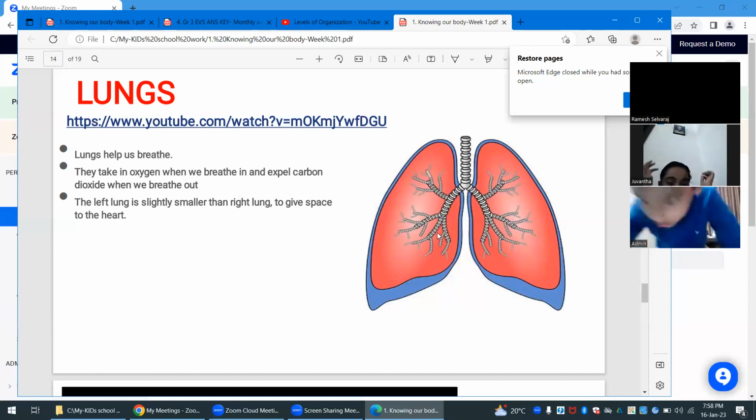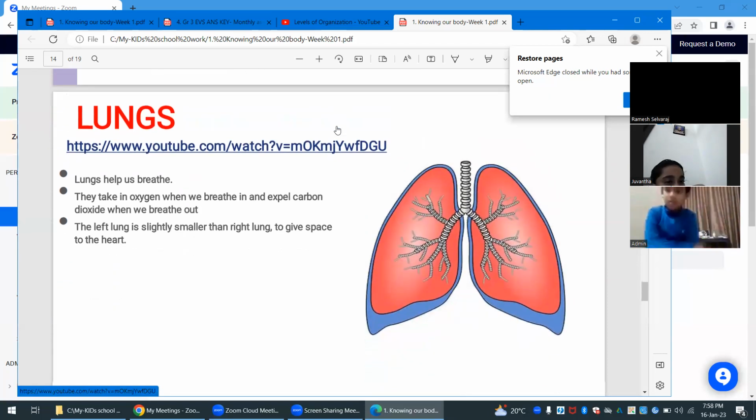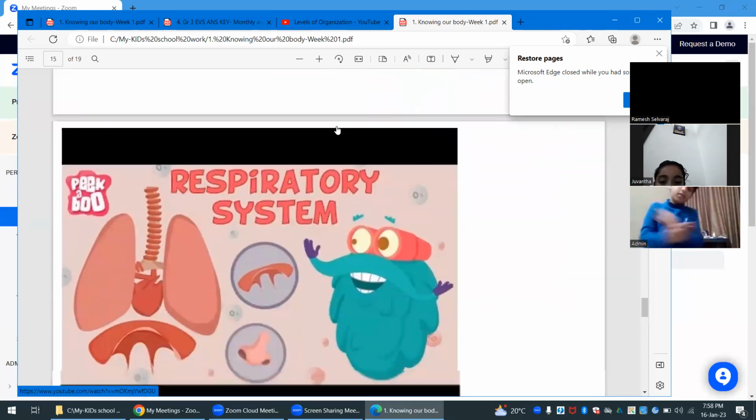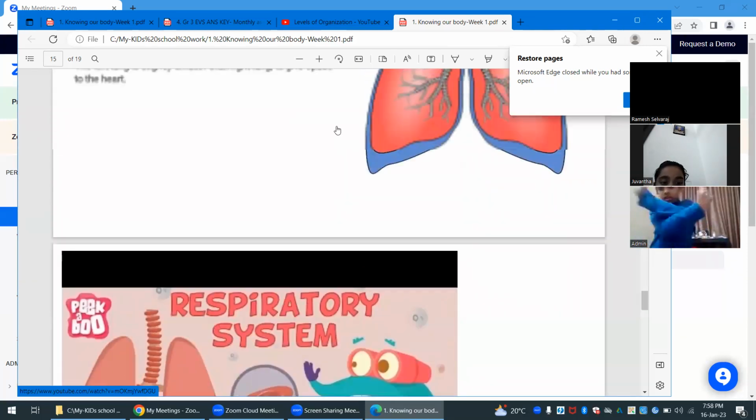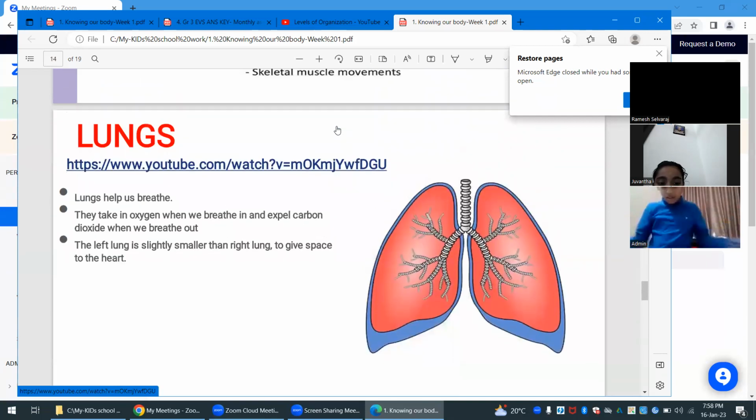So the heart is a very important thing. The heart is on the left side, that's why the left lung is slightly smaller than the right lung. We need to give space for the heart.